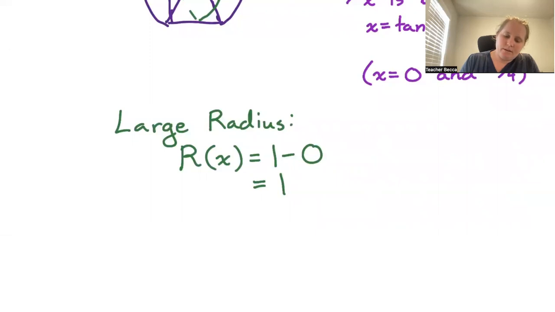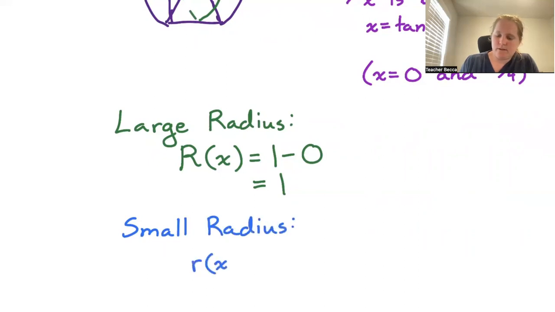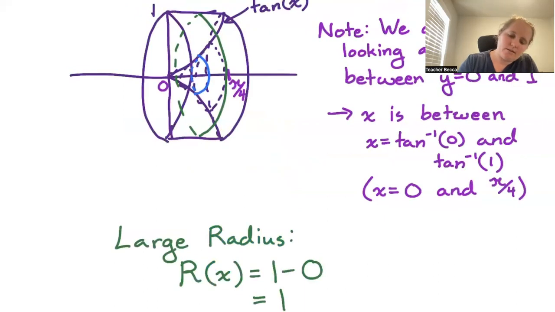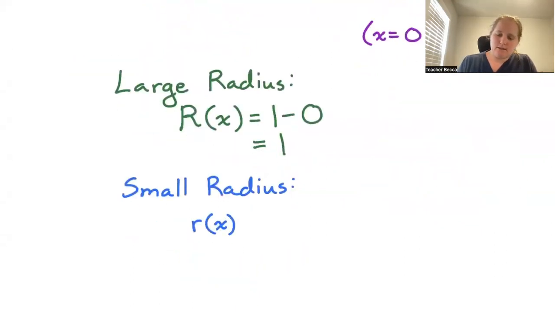Our inner radius, or small radius, lowercase r of x, runs from the x-axis to tangent of x. So this is just tangent of x minus 0, otherwise known as tangent of x.